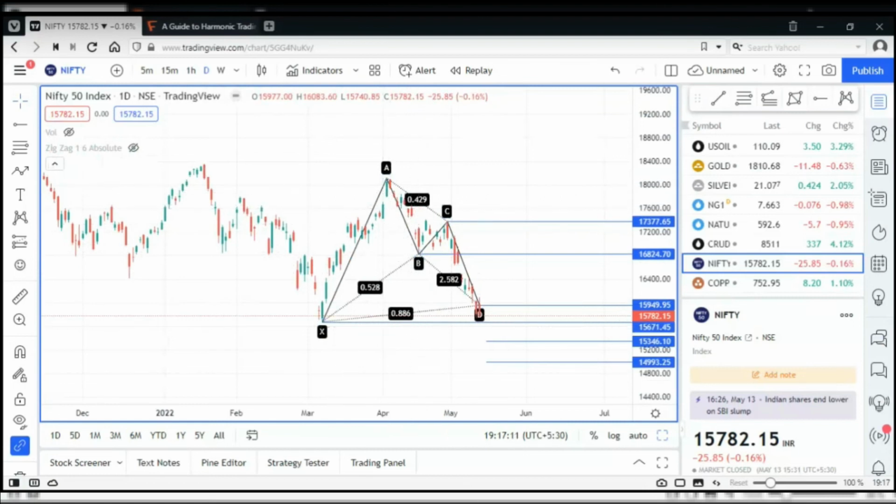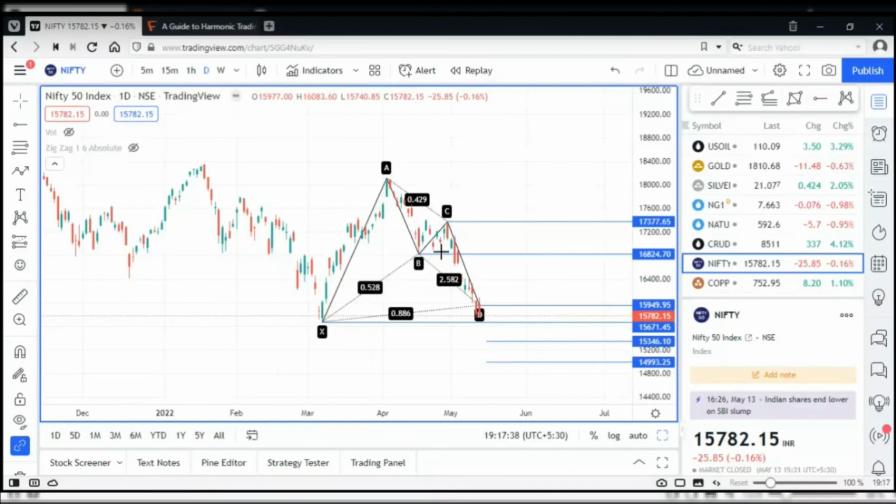For BAT it should be 0.382 to 0.5. So it's inside only, near to 0.5. It won't always come exactly. So 0.528 is near to 0.5. That means we can consider this as our BAT.